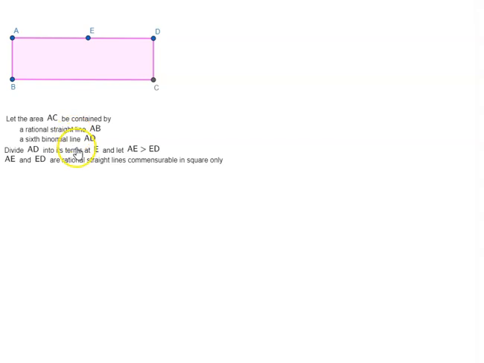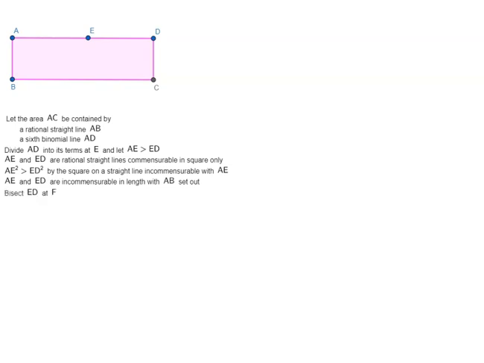Purely based on the definition of sixth binomial line, we can say AE and ED are rational straight lines commensurable in square only. AE square is greater than ED square by the square on a straight line incommensurable with AE. AE and ED are incommensurable in length with AB. So these three statements are purely based on the definition of a sixth binomial.